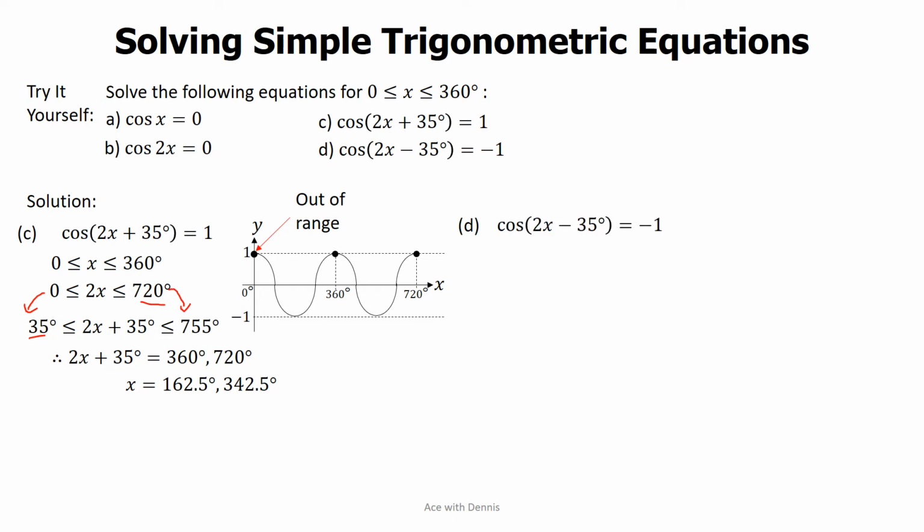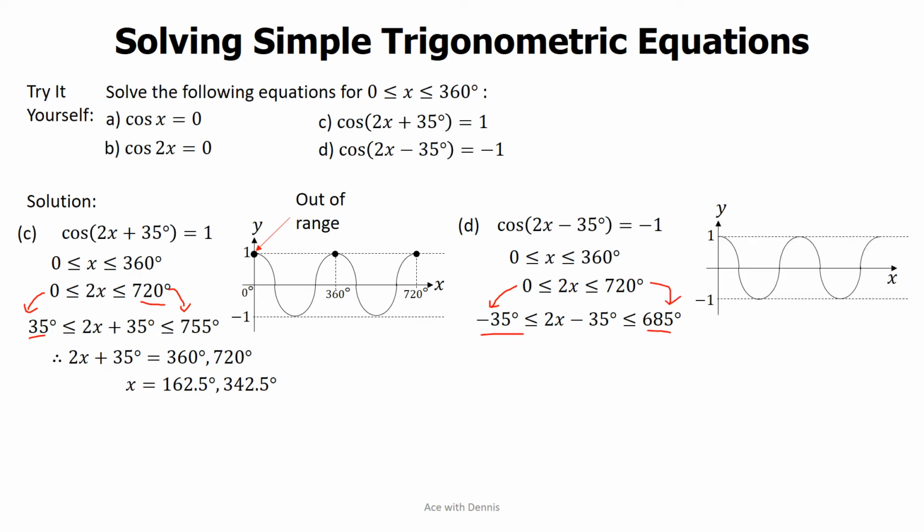For D, cosine (2x minus 35 degrees) equals -1. The range of x is from 0 to 360 degrees. 2x will be 0 to 720 degrees. The range for 2x minus 35 degrees will be -35 degrees to 685 degrees. Again, the same thing: 0 minus 35 degrees is -35 degrees, and 720 degrees minus 35 gives 685 degrees. So look at the graph again.